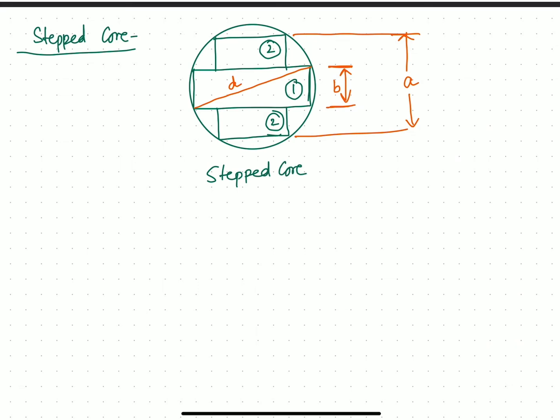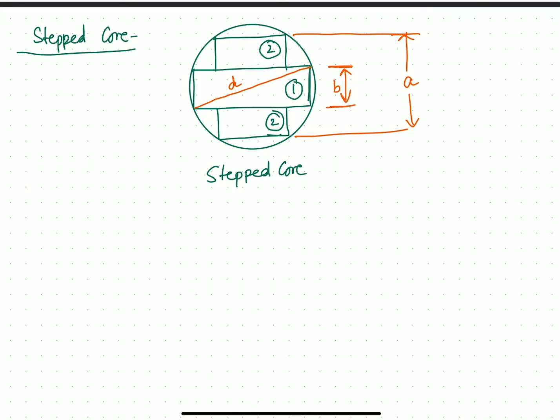So how do you calculate gross core area and net core area? You calculate the area of this rectangle, and then the area of this rectangle, then add them. Then you have the area of the circumscribing circle, and then you can get these AGI and AI.